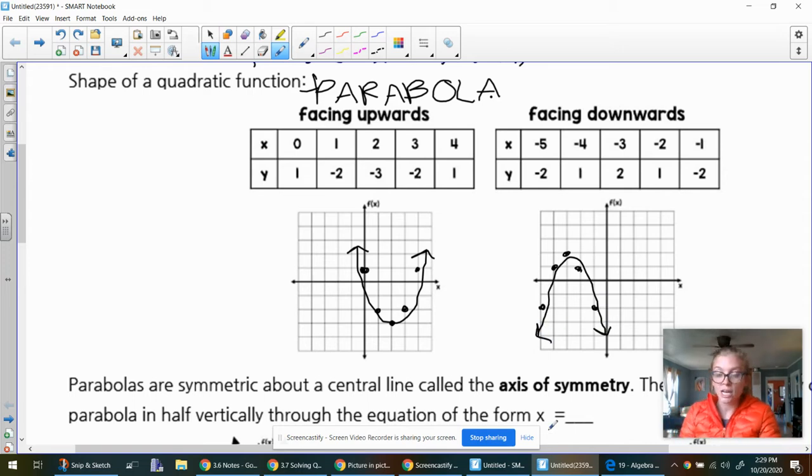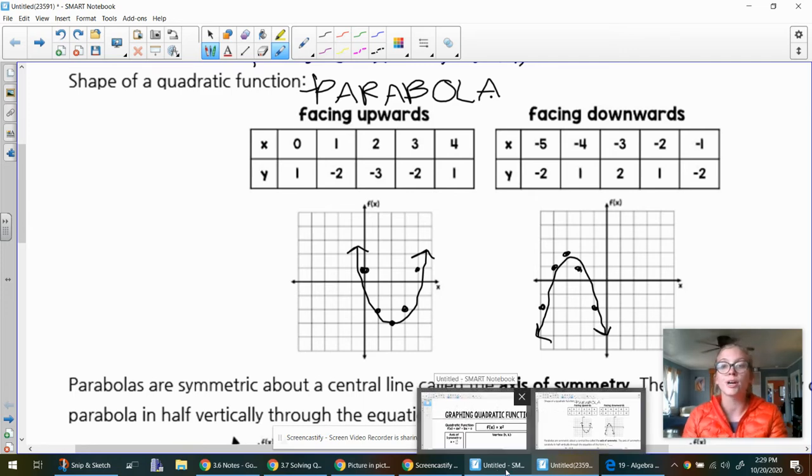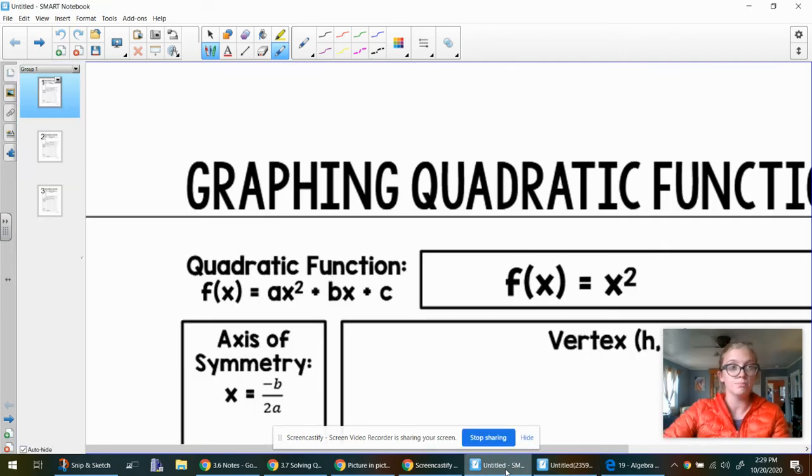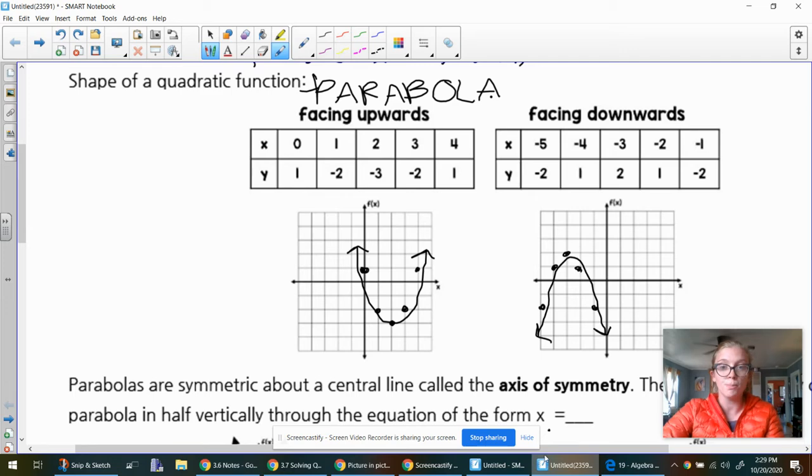One interesting thing about quadratics is that we can actually predict which direction a graph is going to open by the equation. So, if the a value in the equation is positive, my graph is going to open upwards.